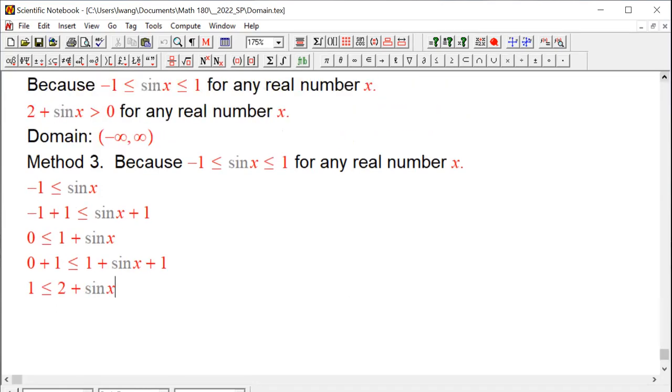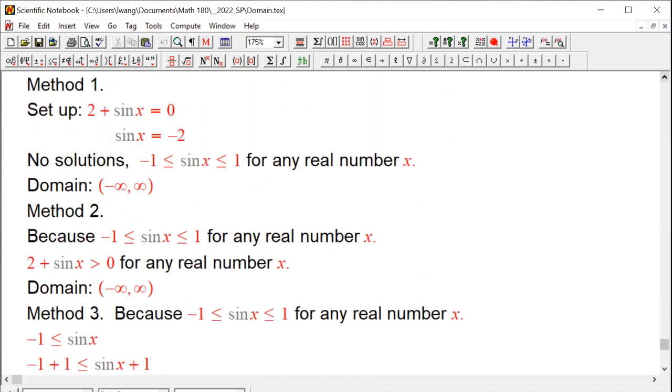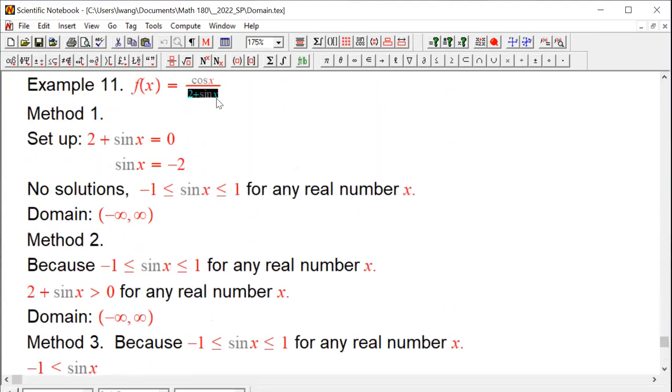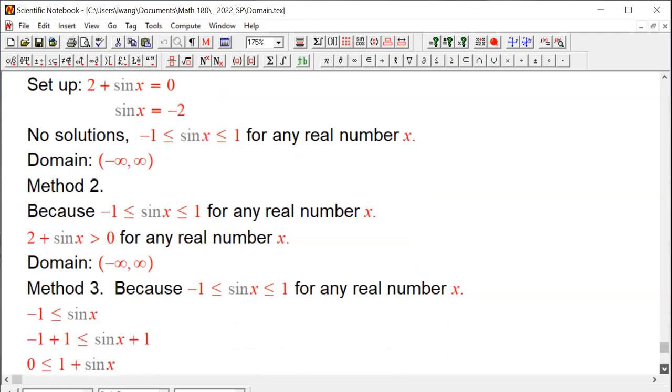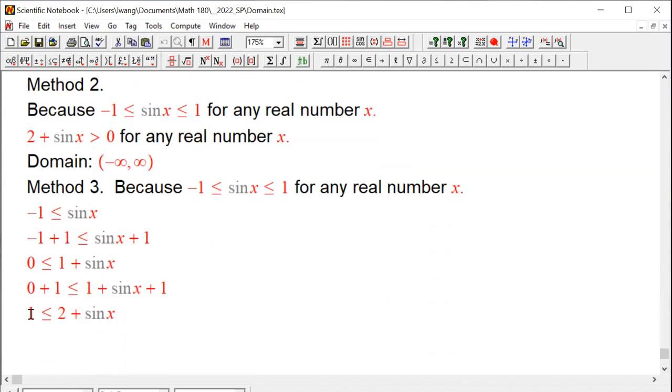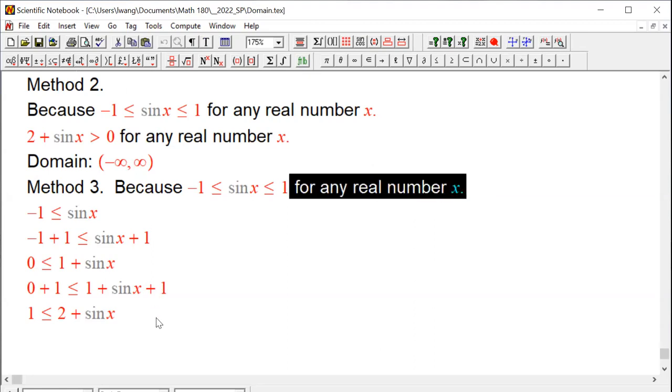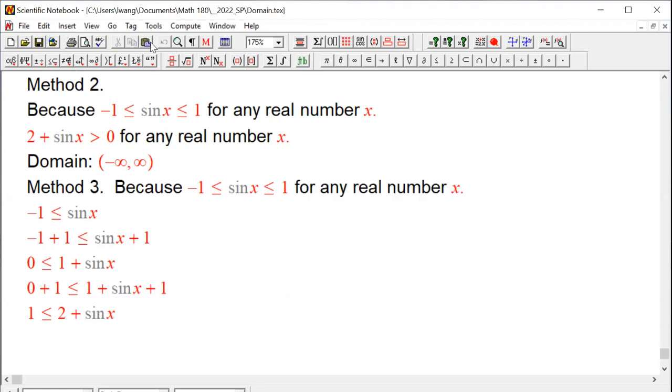What does this tell us? This tells us that the denominator, 2 plus sine x, is always going to be greater than or equal to 1 for any real number. And therefore, we never have to worry about having a 0 in the denominator.